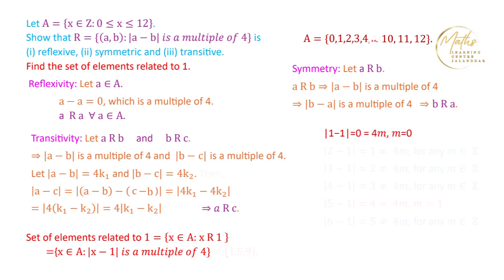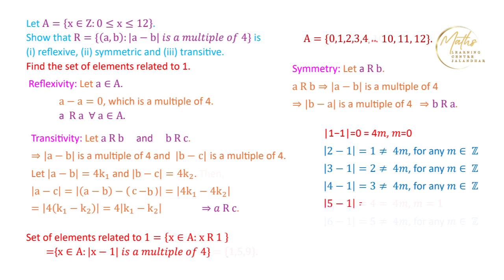If we take x = 2, we have |2 − 1| that is 1, and it is not a multiple of 4. Similarly, for the third element 3, |3 − 1| is equal to 2, it is not a multiple of 4. 4 − 1 is 3, it is not a multiple of 4. 5 − 1 is 4 and it is a multiple of 4. Next, 6 − 1 is 5, it is not a multiple of 4.